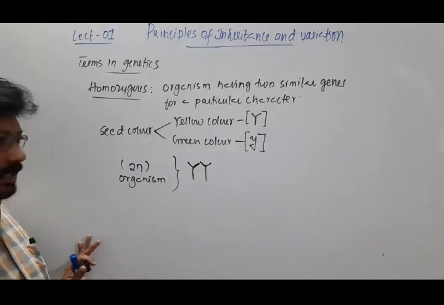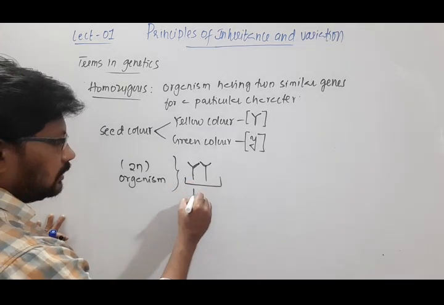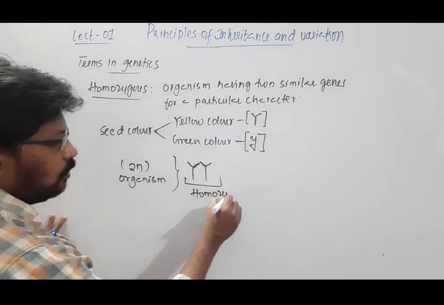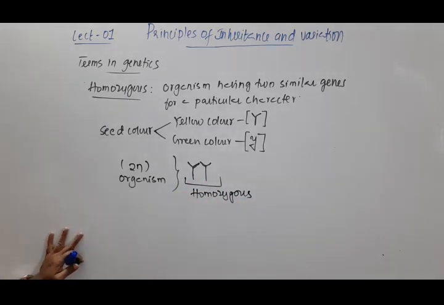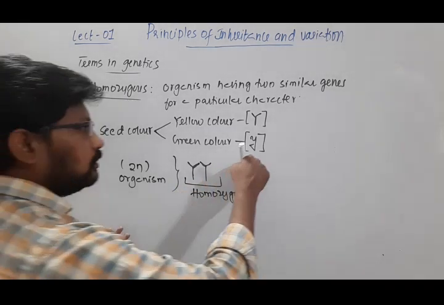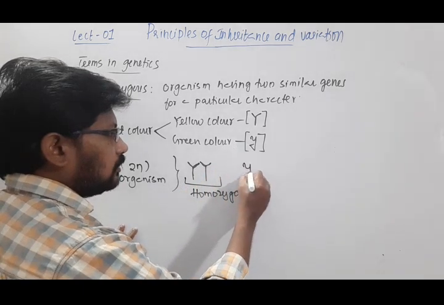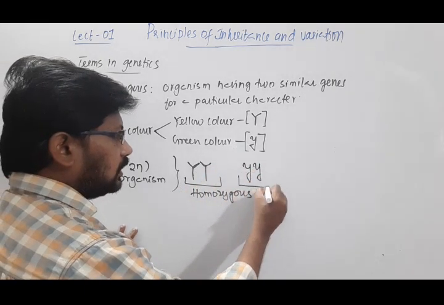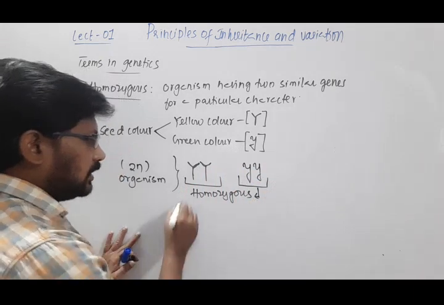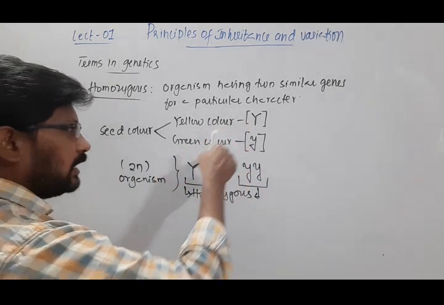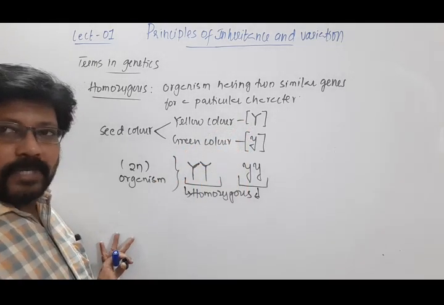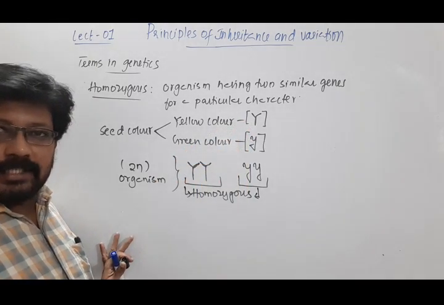If it is the case, we call it homozygous condition. Or you can take small y, small y. This is also homozygous condition, right? But if you take one capital and one small, then it becomes heterozygous condition.